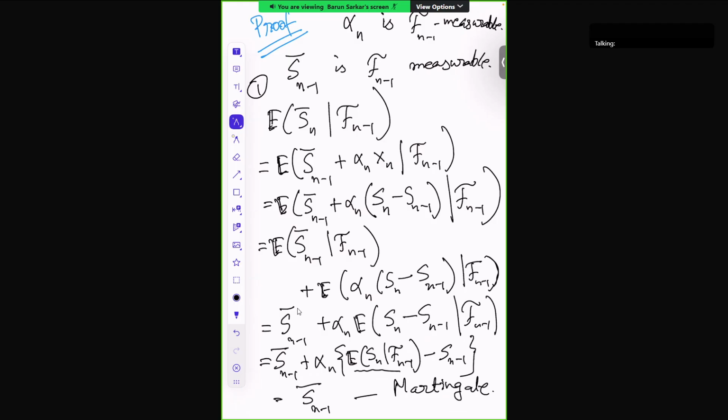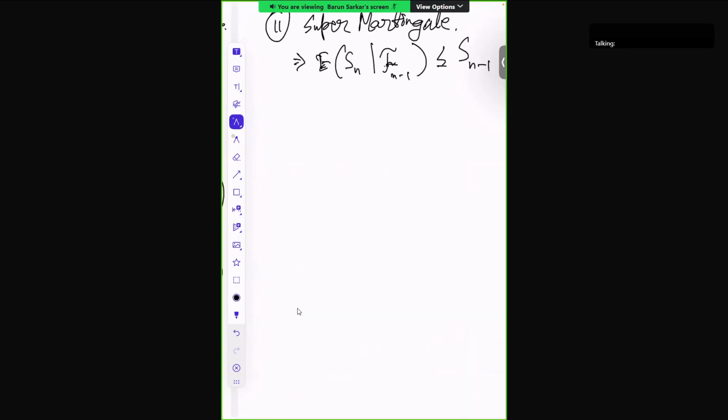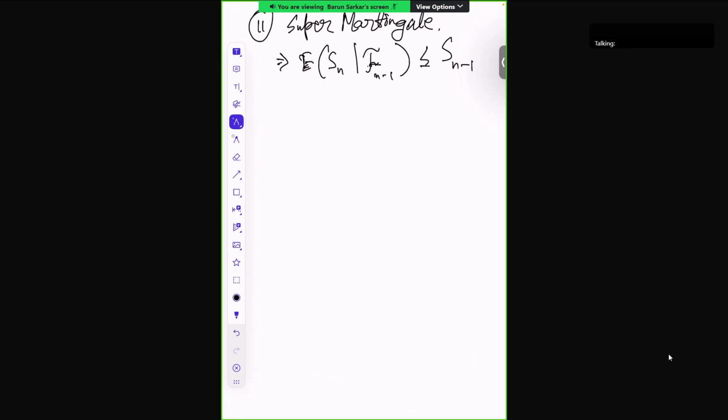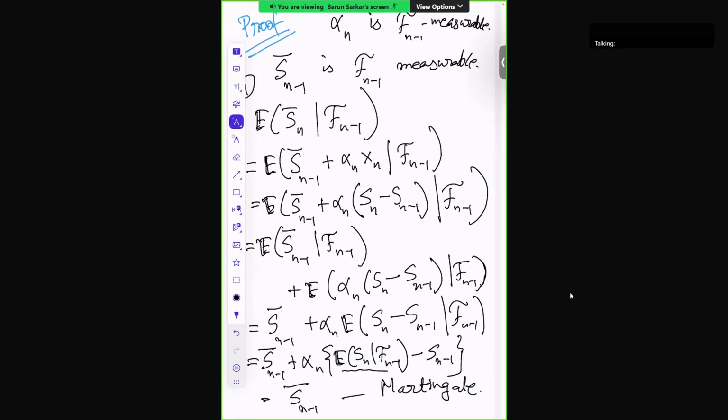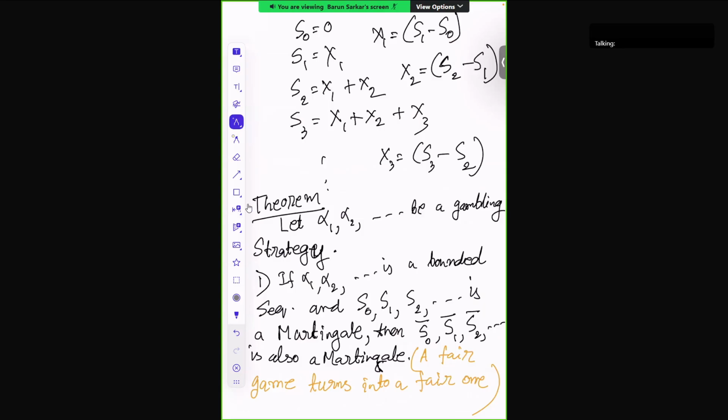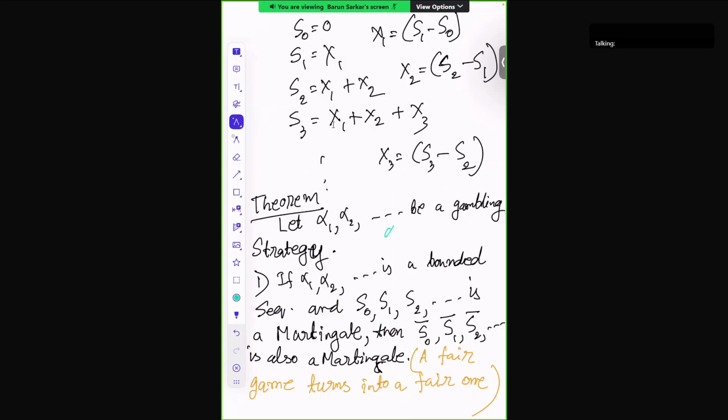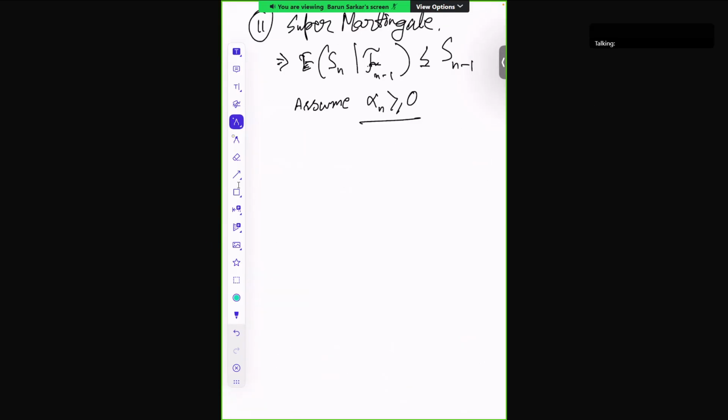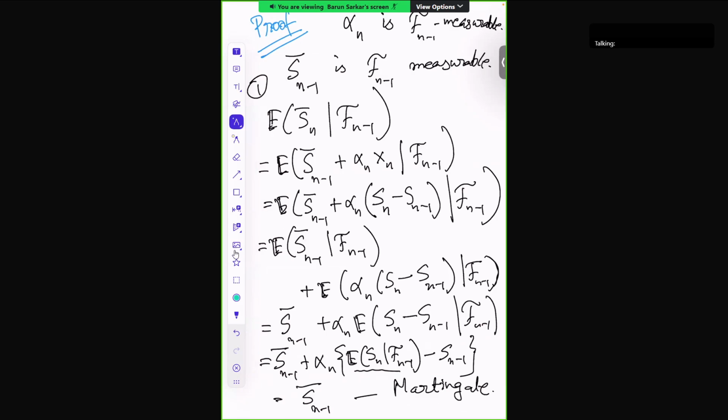Here let's assume alpha n is greater than or equal to 0 for each n in N. This assumption we take, probably at the beginning. Now the calculation from the beginning will be the same.